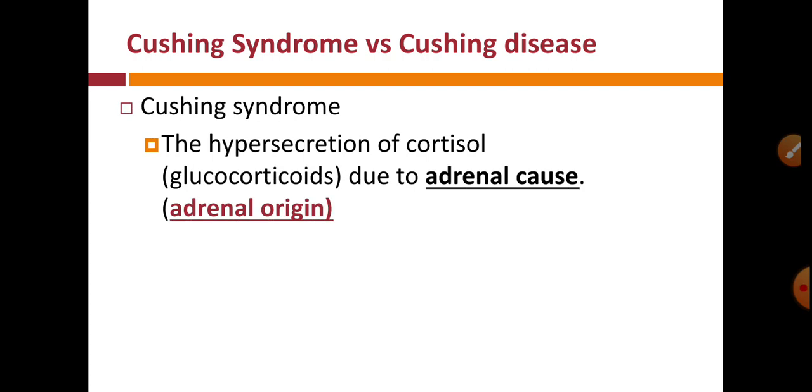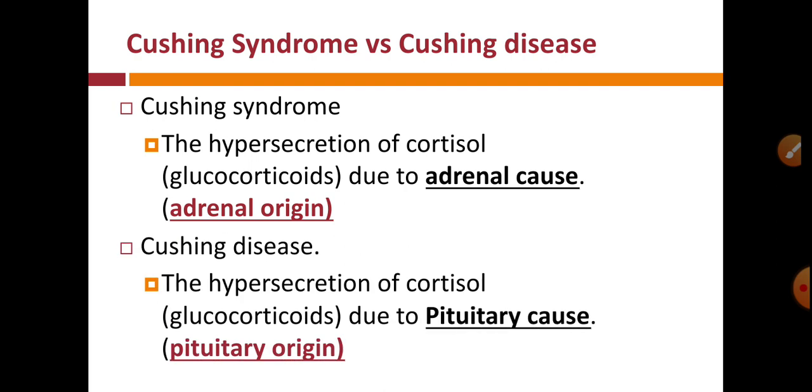Cushing syndrome is the hypersecretion of cortisol, that means glucocorticoid, but the origin or cause is in the adrenal gland itself, while in Cushing disease, the cause is present in the pituitary gland, or outside the adrenal gland.